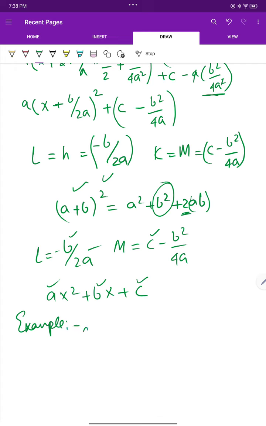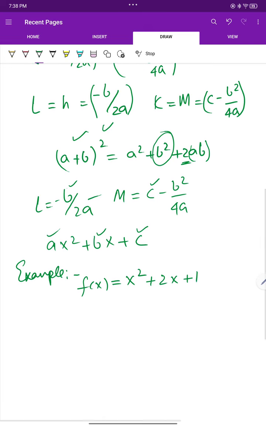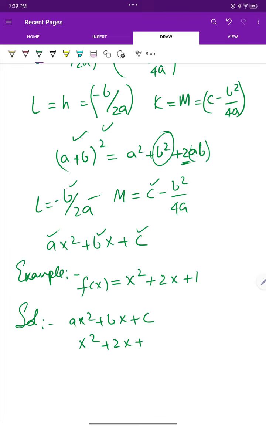If you are given f(x) = x² + 2x + 1, the solution is very easy. It's an exam question. By comparing with ax² + bx + c, our function is x² + 2x + 1.